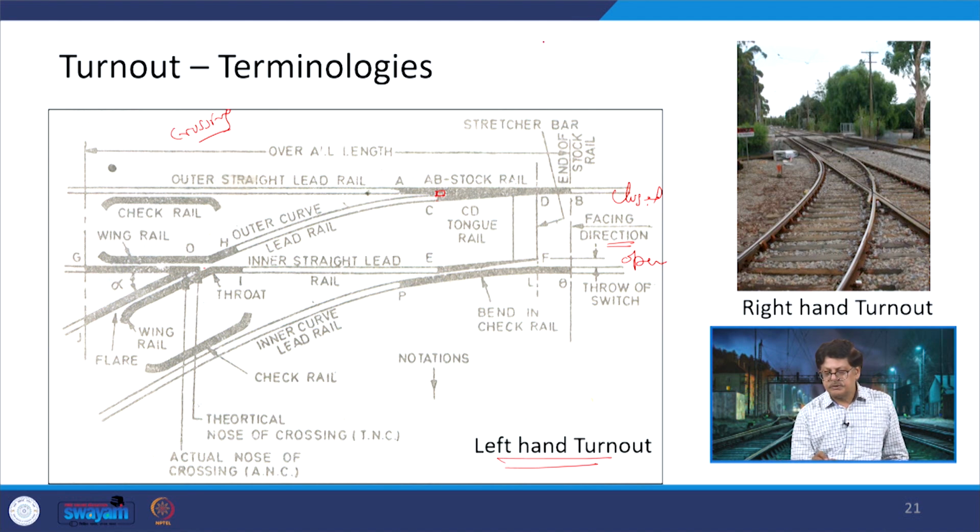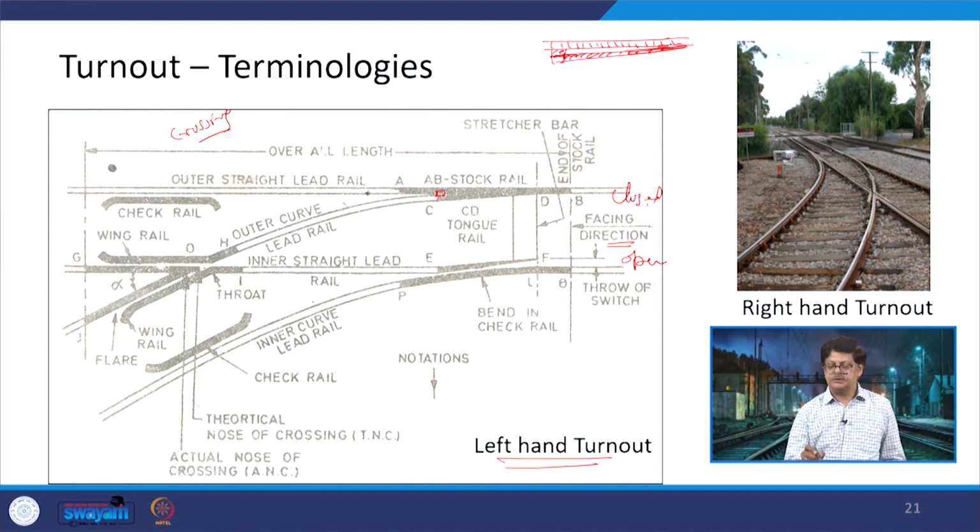So, you can say that this is a straight rail, there is a block provided here and then there is a tongue rail and this tongue rail is going to meet the straight one here. So, this is the tongue rail and this one is the stock rail.